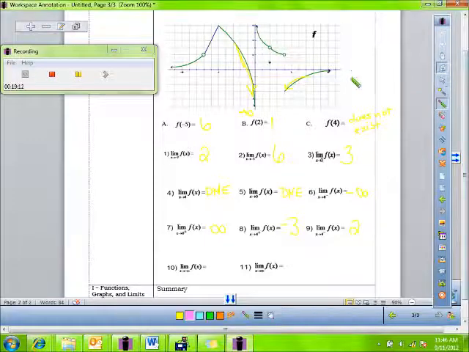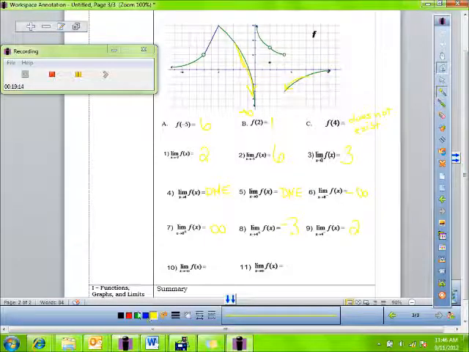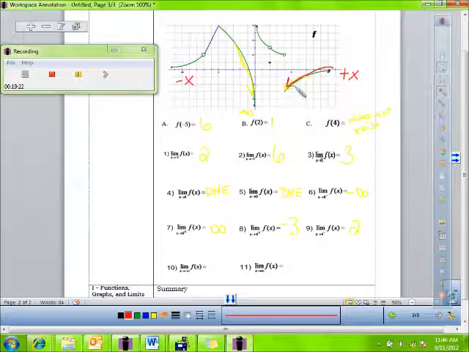Remember your x values over here? Over here are positive x's, and over here are negative x's. So if it's coming from the positive side, you have to follow your graph down this way. Coming from the negative side, you have to follow down this way. It's telling you which direction you are coming from, not which direction you are heading.